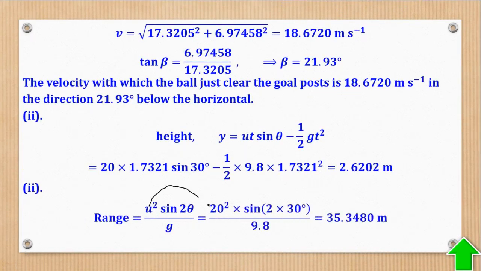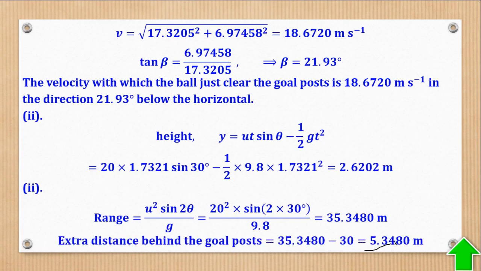So I substitute for u, theta, and g, and come up with this as the range. Therefore, the extra distance will be range minus 30 to give you the answer they wanted.